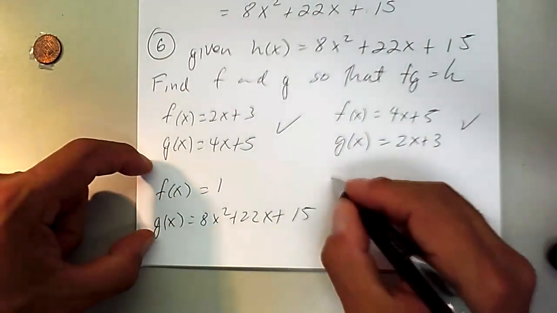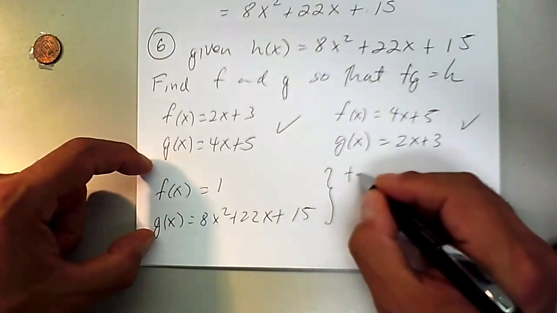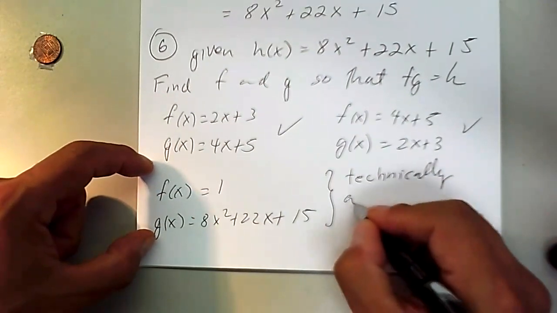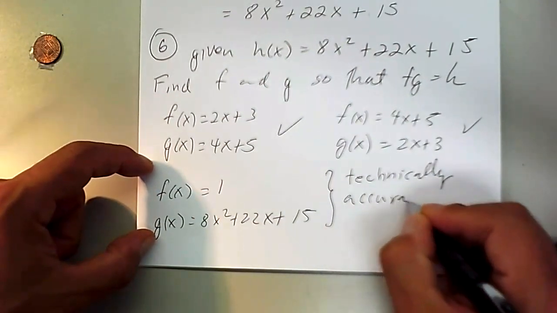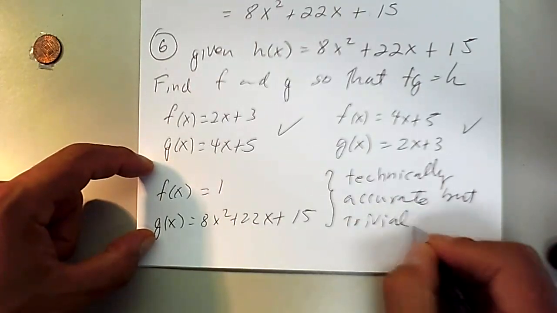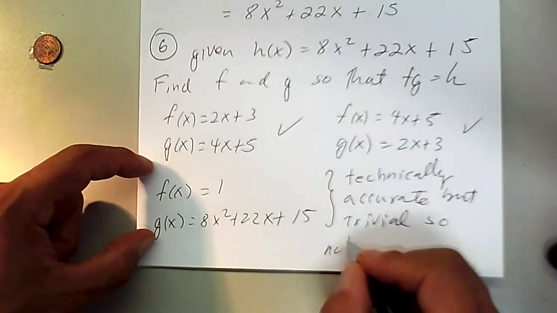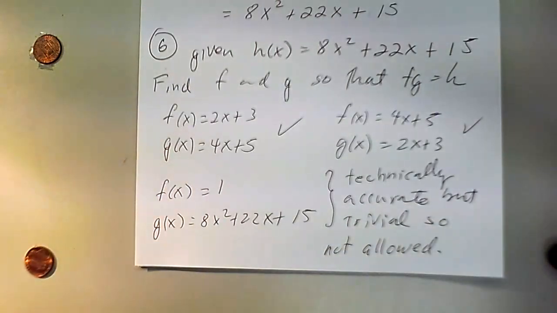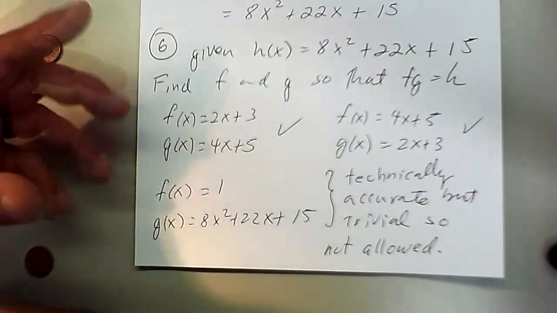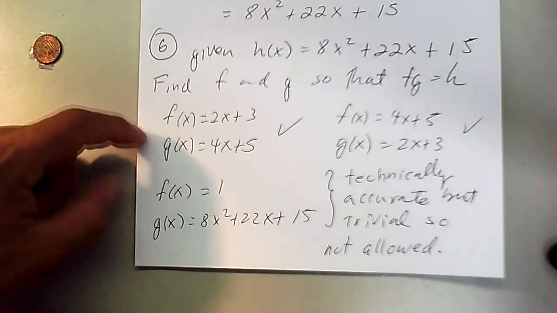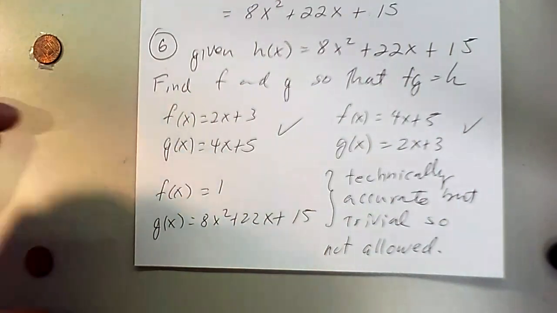This is technically correct, technically accurate rather, but trivial. So not allowed as an answer for breaking up a polynomial function into two factors.